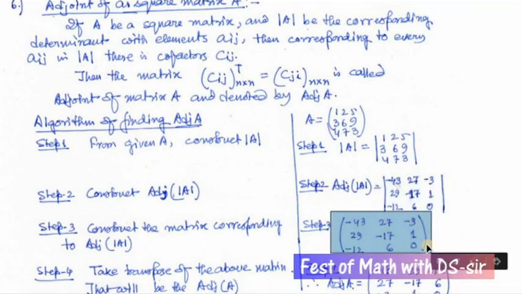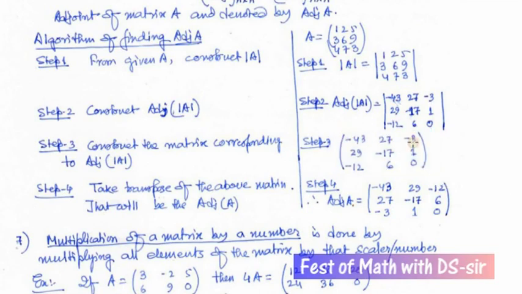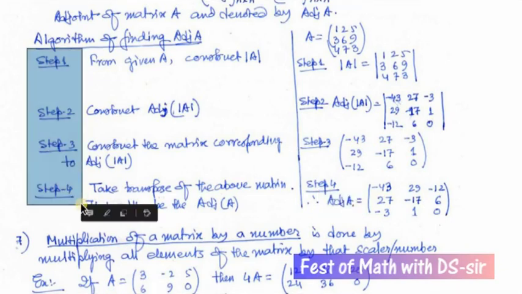So corresponding to every square matrix there is a determinant, and corresponding to every determinant there is a matrix. After that, I took the transpose of this matrix. Now see, this was the first row and this becomes the first column. This was the second row, this becomes the second column. This was the third row, this becomes the third column. And this is called the adjoint of A. So these are the steps you have to follow to find out the adjoint of a matrix.